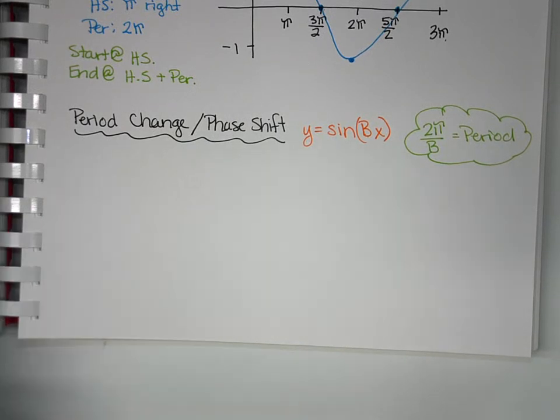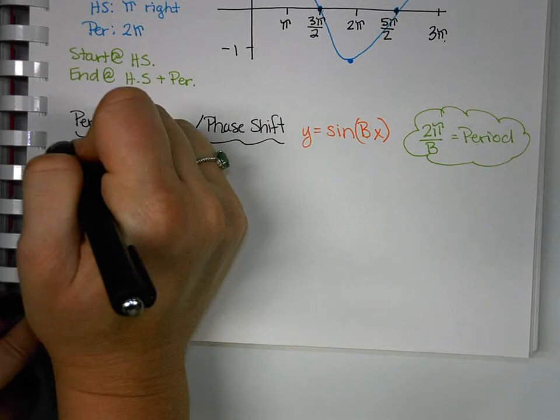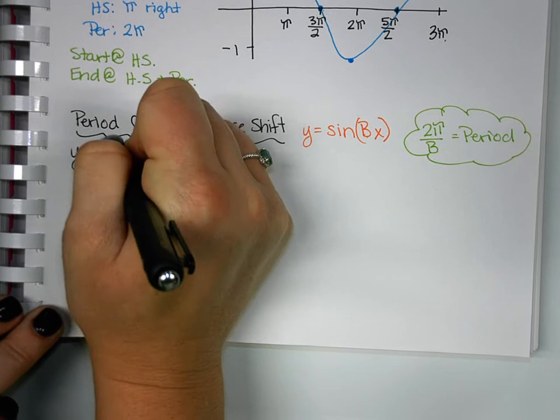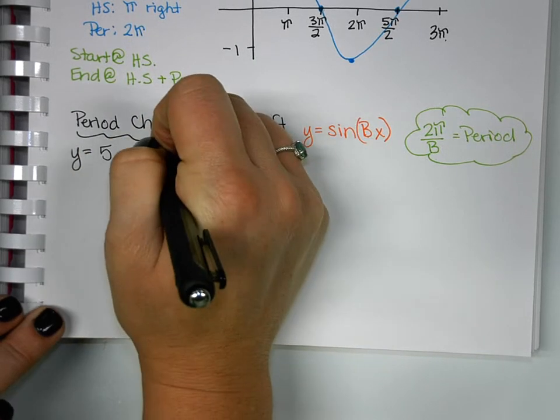So the one that we're going to do to practice is y equals 5 cosine 2x.